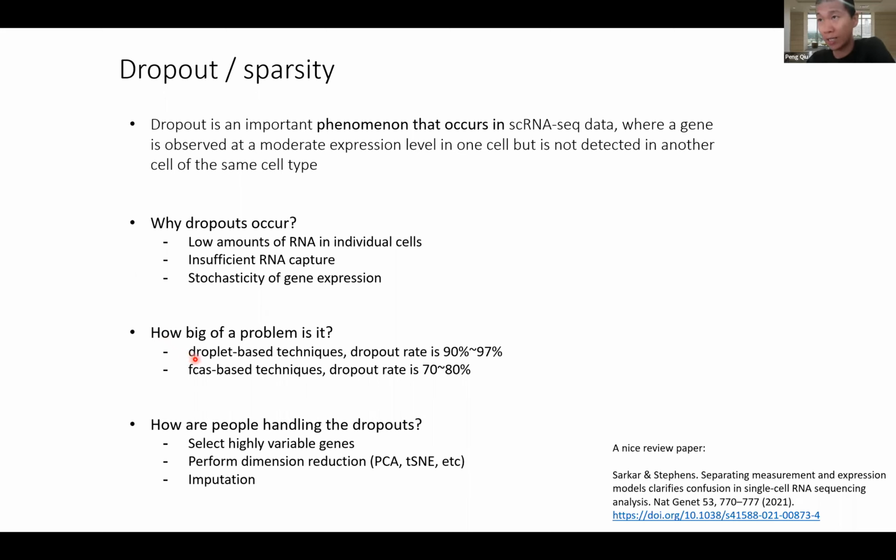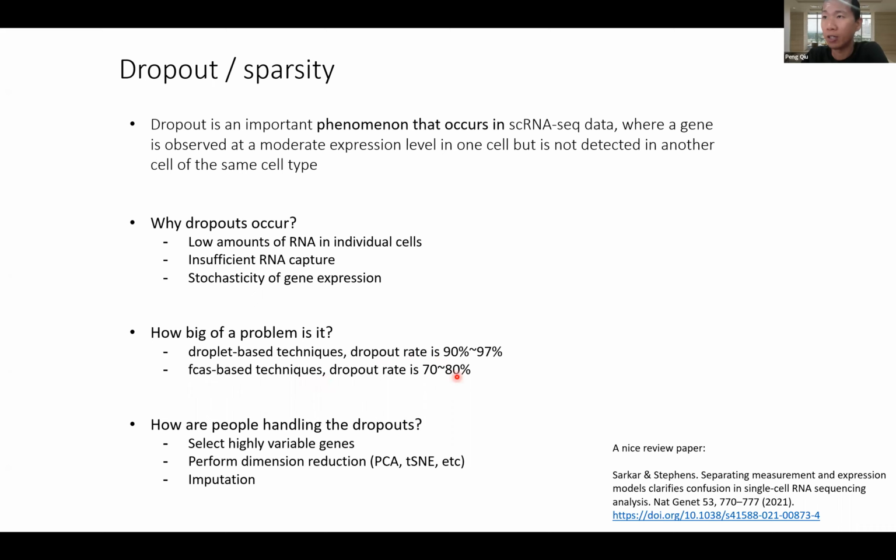If we look at droplet-based techniques, for example 10x Genomics, a typical data set will contain, I would say, more than 90% zeros. And if we look at plate-based techniques, for example Smart-seq2, then the sparsity of the data is lower, around 80%.